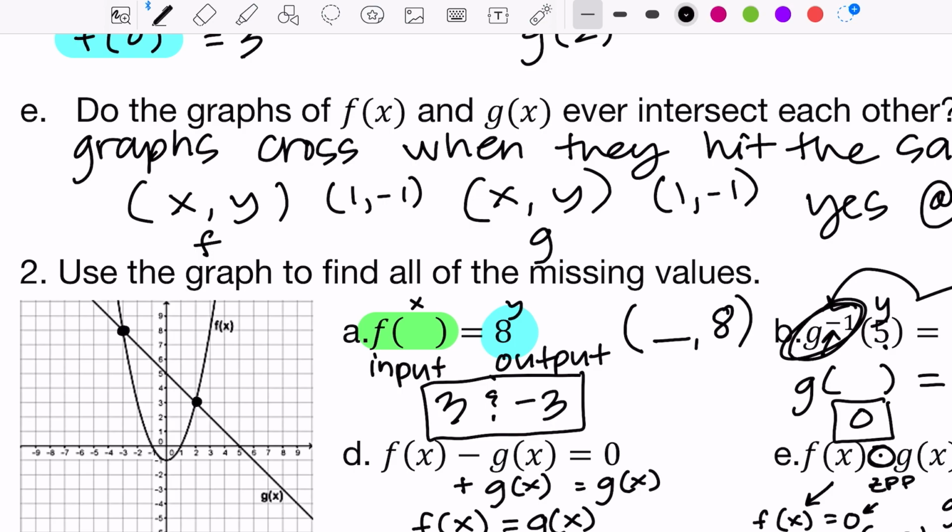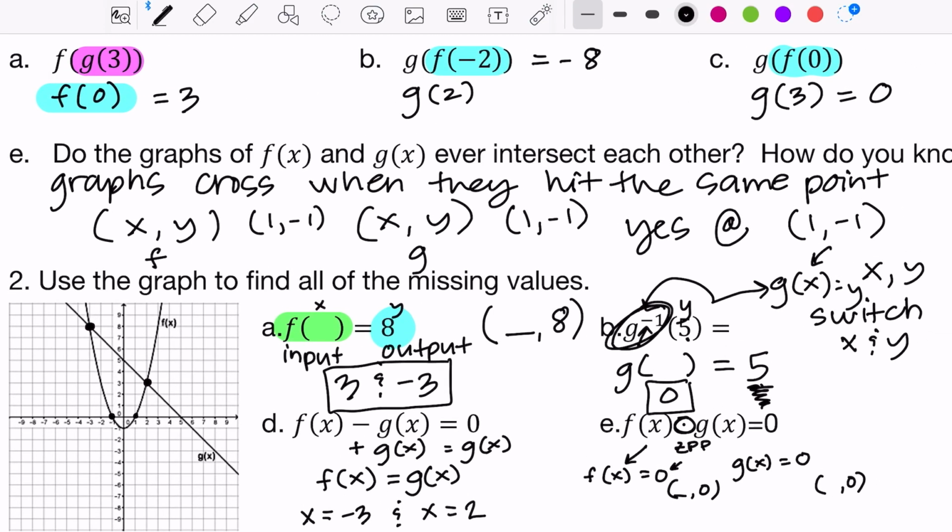Where is the y value 0? It actually happens in two places, here's the height of 0 and here's the height of 0. So for that one, it's going to be -1 and 1. And then for the other graph, where does it equal 0? And it's right there. So x equals -1, 1, and x equals 5. Okay, that's it for now.